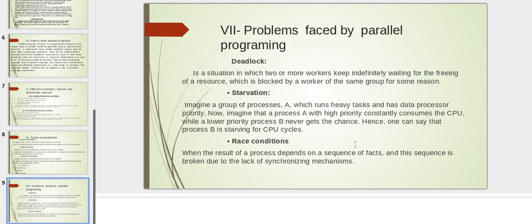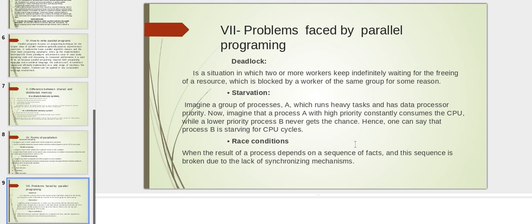You find that the file is more prioritized than the calculation, because the file is needed to solve the calculation. So processor A will be in the CPU, while the second processor, B, will be starving to have access to those resources and to be executed.